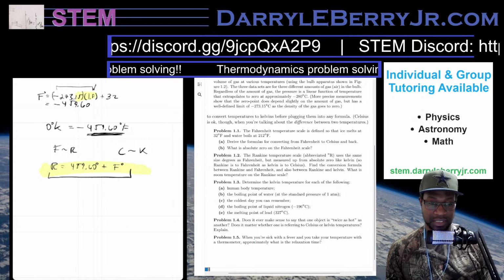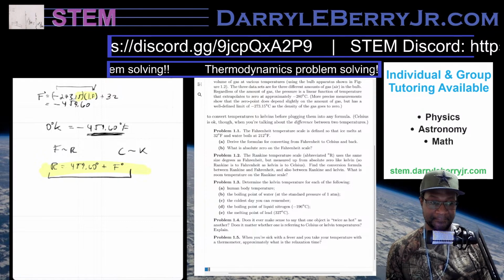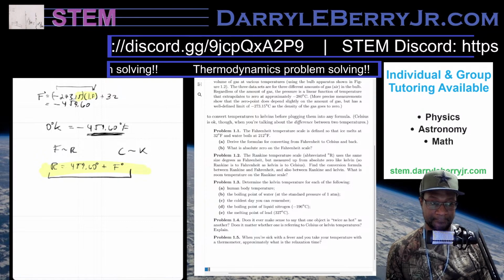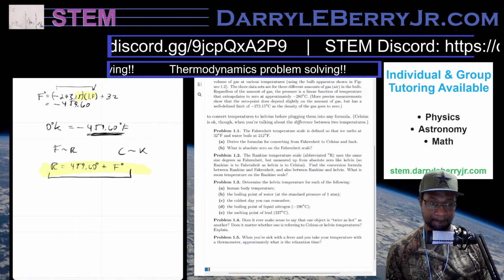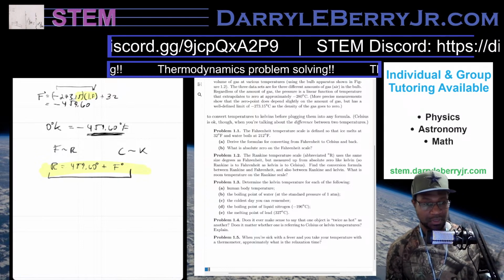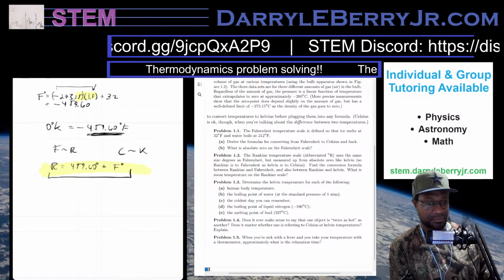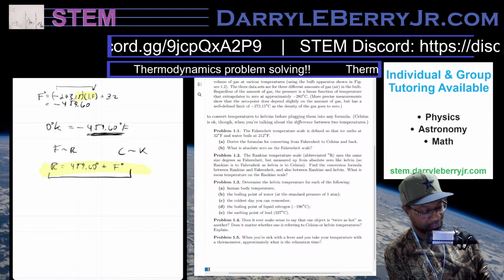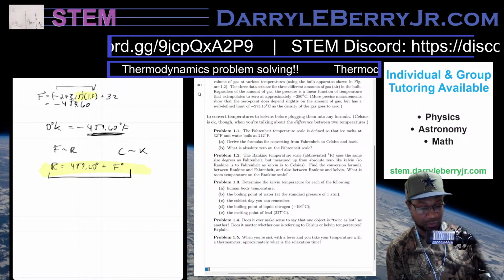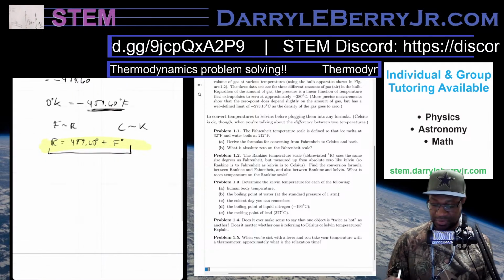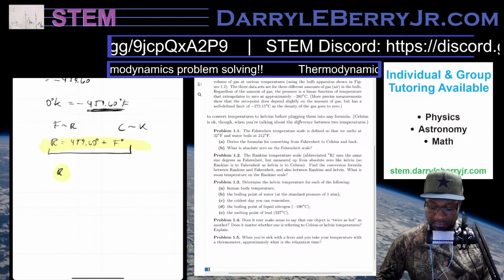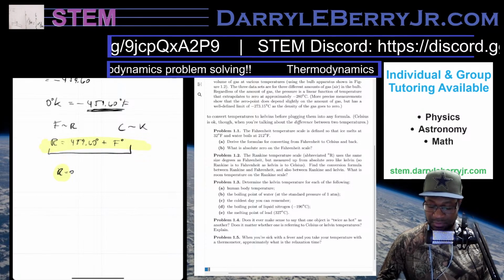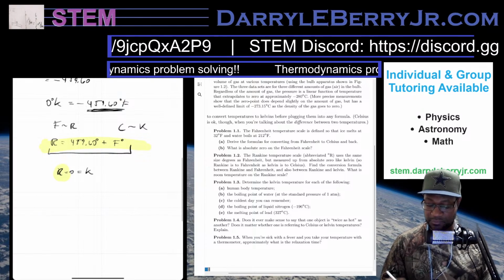The solution says the conversion is 9/5. Right, and that's the 1.8. So now that we have our 0, Rankine 0 equals Kelvin 0.